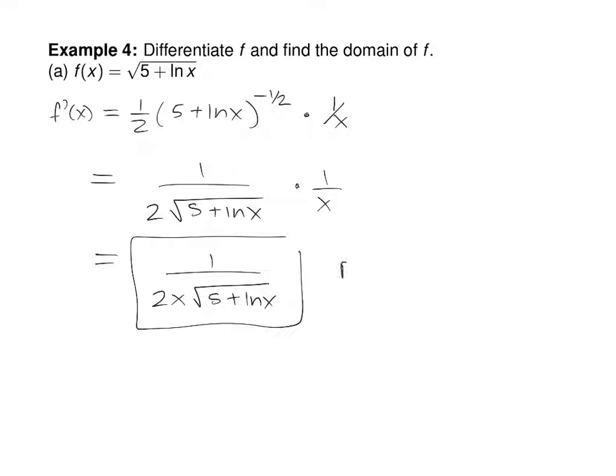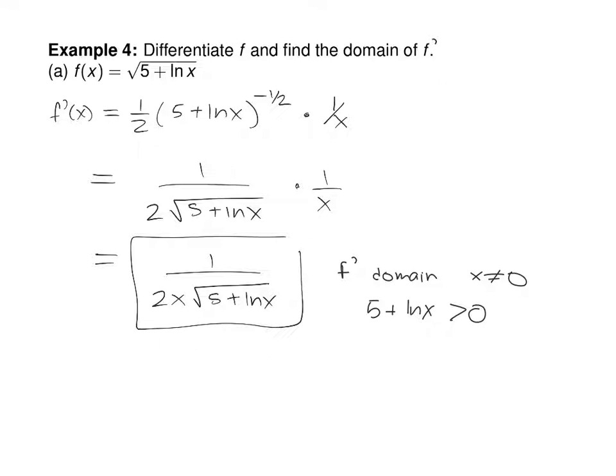Okay, so for f prime, is it clear that x can't be 0? That's because of the whole x thing, right? Is it also clear that 5 plus ln of x has to be bigger than 0? And I mean bigger than, not equal to.